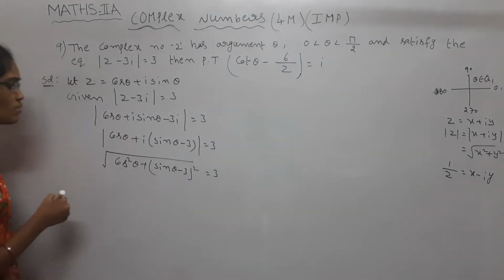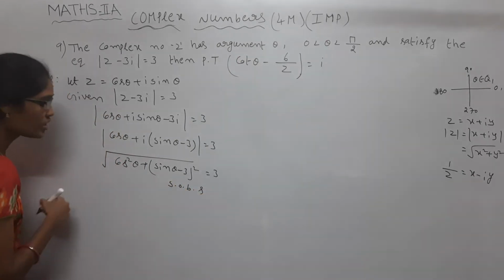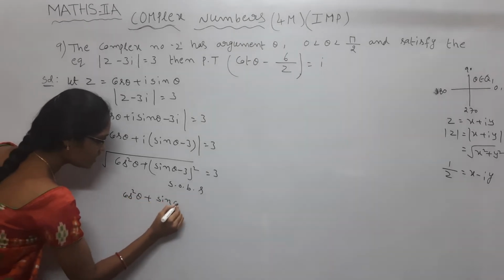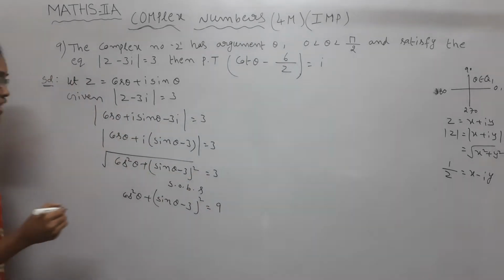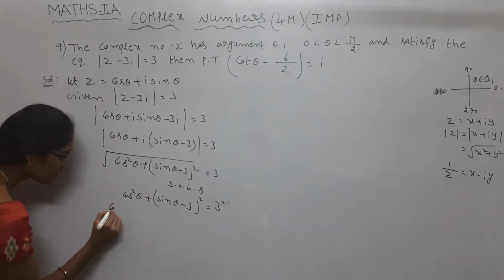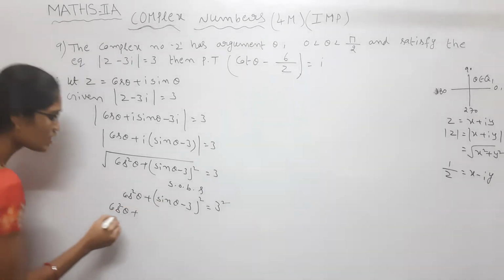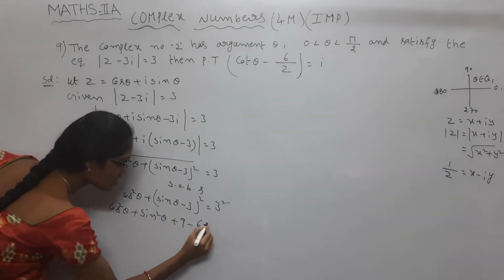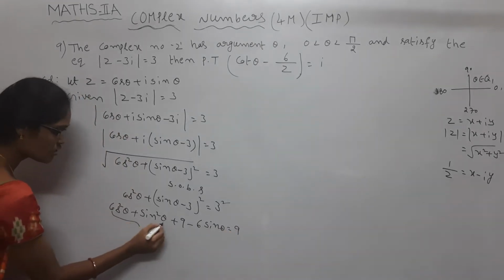Now squaring on both sides, removing the root: cos square theta + (sin theta - 3) whole square = 3 square, which is 9. Using the (a - b) whole square formula, a square + b square - 2ab, we get cos square theta + sin square theta - 6 sin theta + 9 = 9.